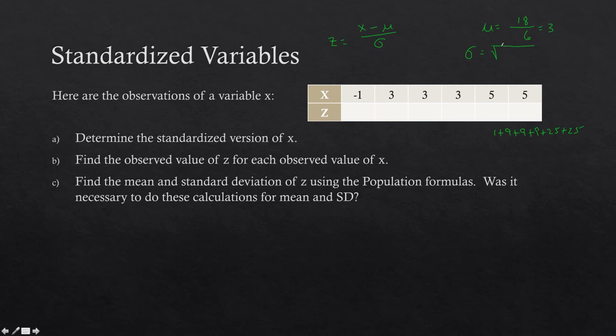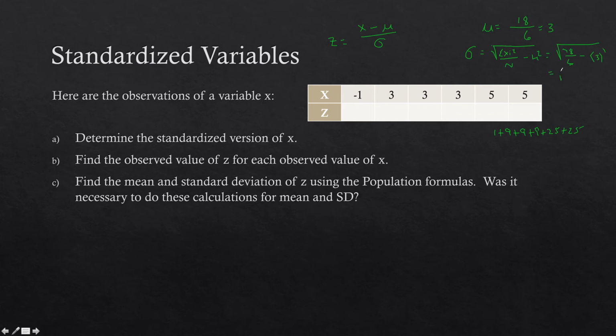So for our population, remember it is the square root of the sum of x sub i squared, which we just determined is 78, all over n, minus the mean squared. So we just determined this was 78 divided by 6. Okay, 78 divided by 6, that's the number of our population, minus the mean squared.